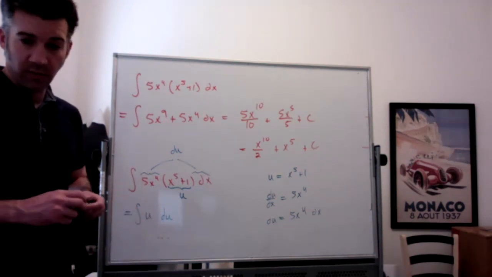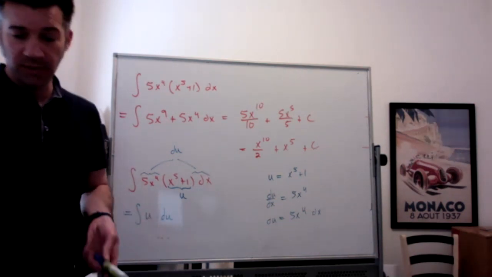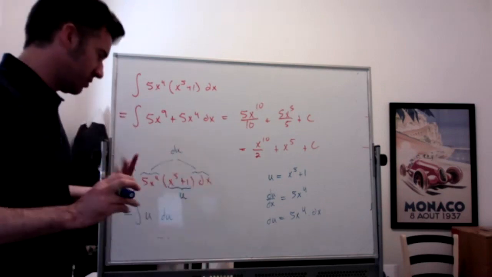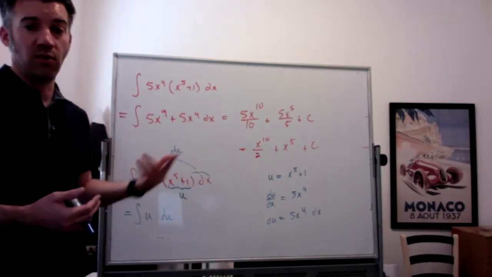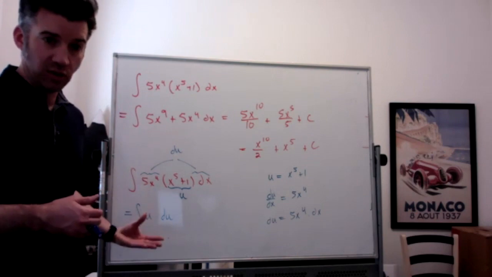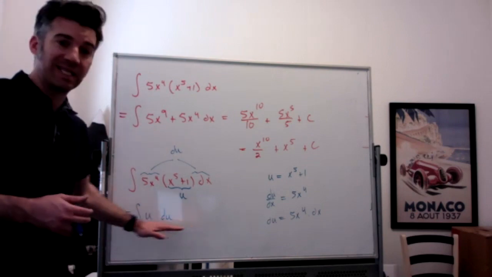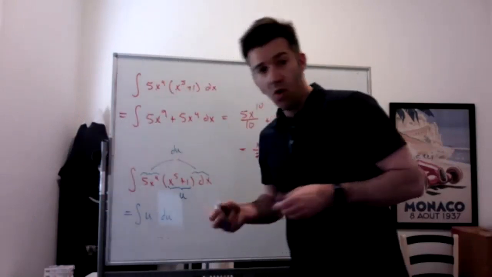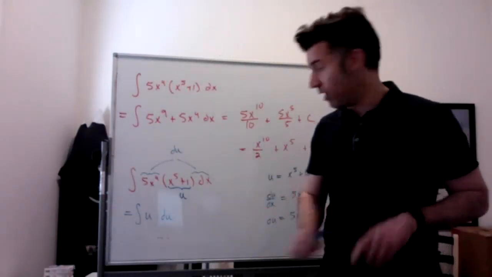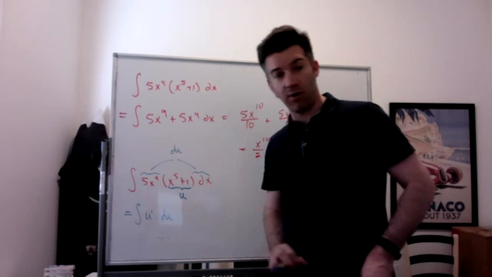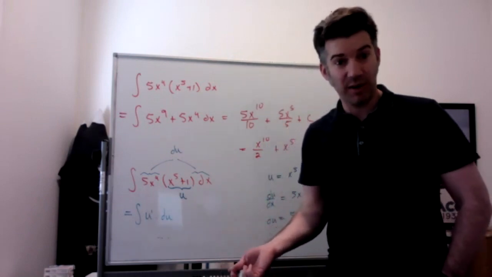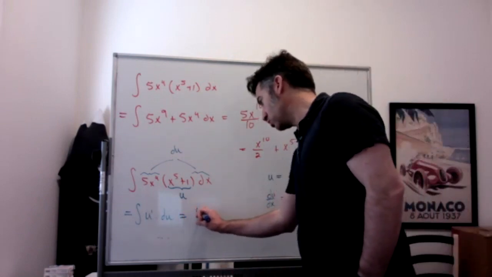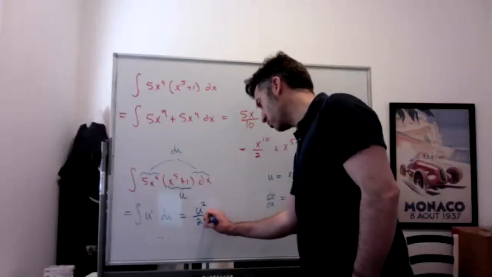Something important to remember, when you do a u-substitution, all of the variables that were x need to all become u. You can't have anything that's not a u variable here. So now, what's the antiderivative of u to the first power? I'm just going to use the power rule and get u squared over 2 plus c.